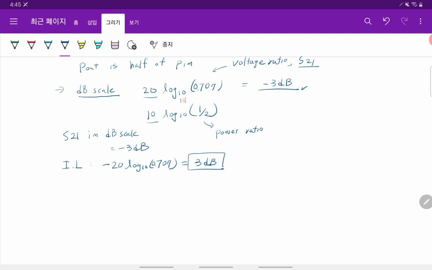So what does it mean? Because of this circuit, this network reduces input power by 3 dB, so we call this a 3 dB attenuator.